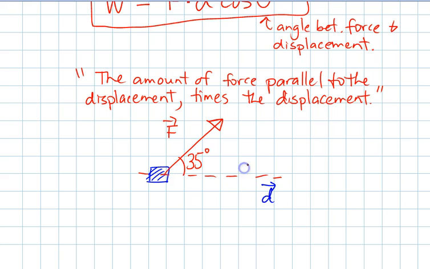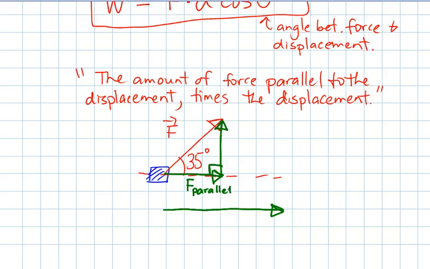So let's get rid of the displacement for just a moment, and let's look at how much force is actually parallel to the displacement. So if the displacement is this way, then we can use what we know about sine, cosine, and triangle trig and treat that force like it's the hypotenuse of a triangle. And one leg of it is what we could call force parallel.